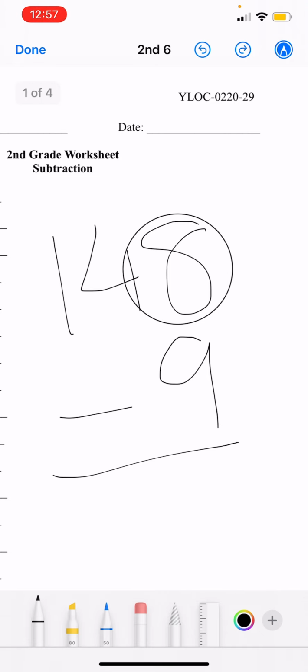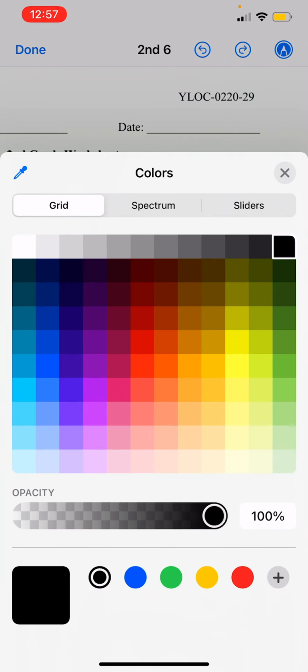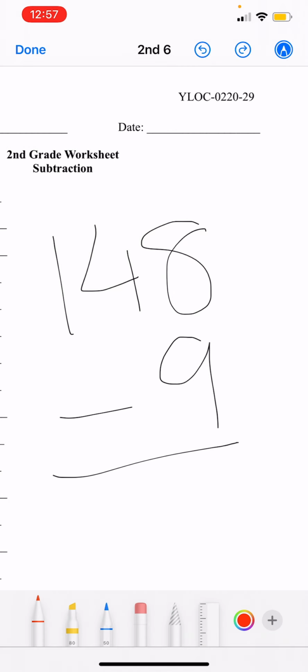So we have to do something. What do we have to do? Well, let me just change it to red. We're going to add 10 to the less number, and then we're going to go look at our left side, our neighbor, which is 4. When I say neighbor, I don't mean 1. You can't choose 1. You have to choose the one that is right next to 8, which is 4.